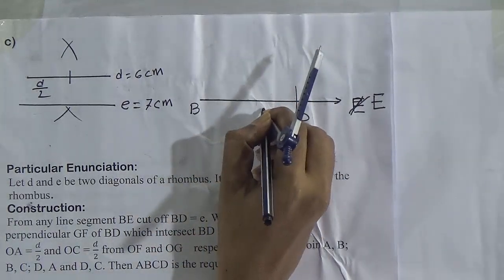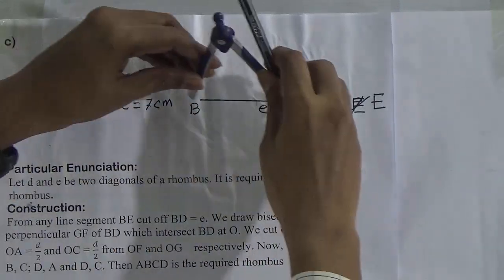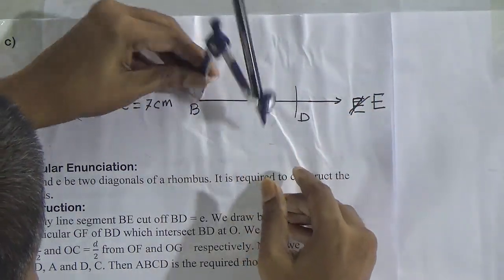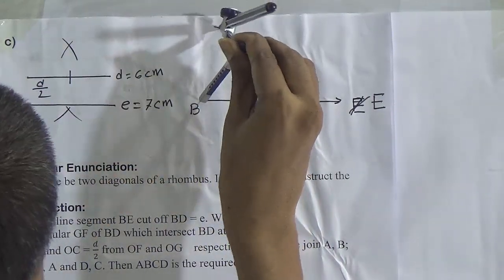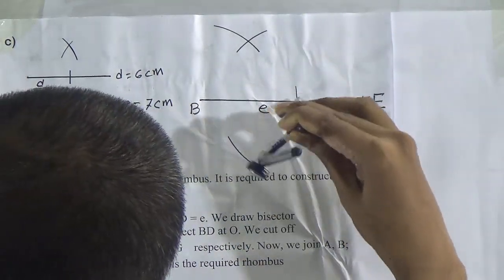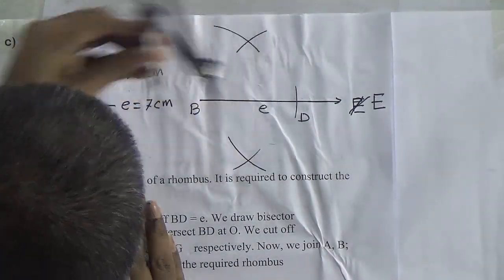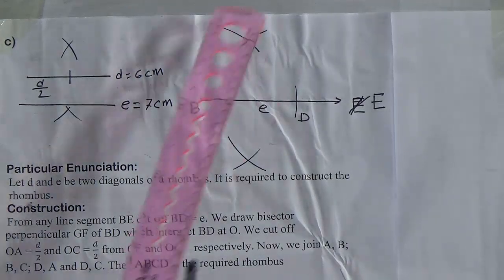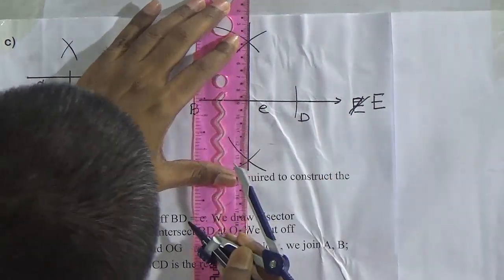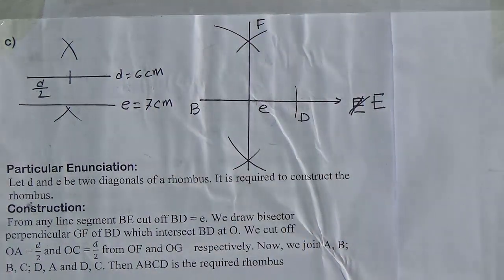Now we have to draw the bisector of BD. This is the bisector of BD. This is F and this is G.